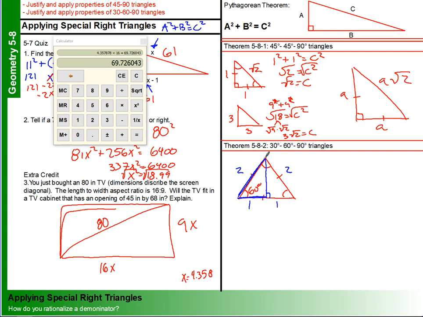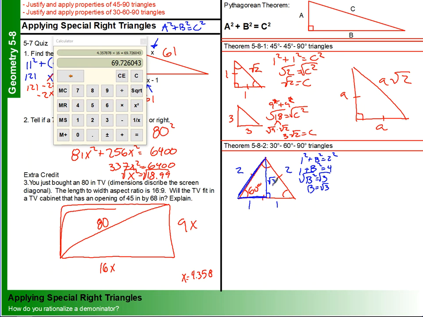Using the Pythagorean theorem, we can safely say that 1 squared plus b squared is equal to 2 squared. So 1 squared is 1 plus b squared is equal to 4. Subtract 1 from both sides, and I get b squared is equal to 3. Square root. So the height of this triangle is simply the square root of 3.